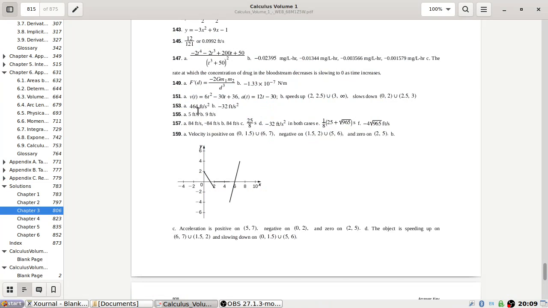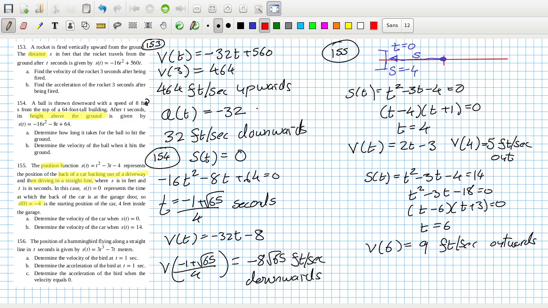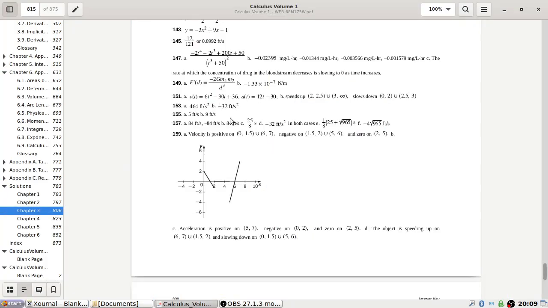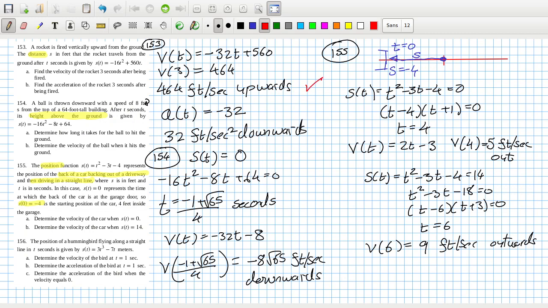Oh no, there it is. 464. Oh, forgot my square. Feet per second squared. Acceleration. 464 and minus 32. Okay, great.